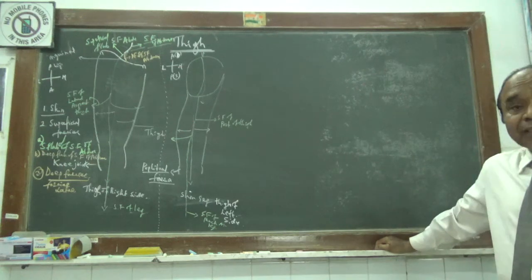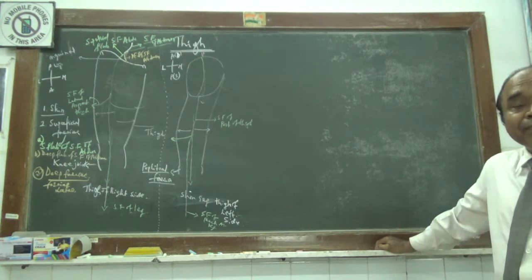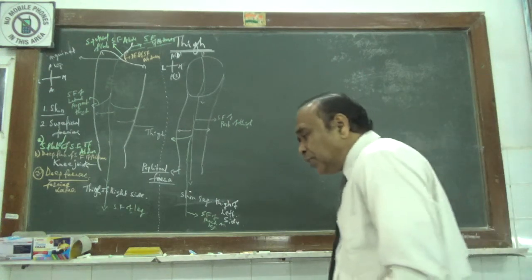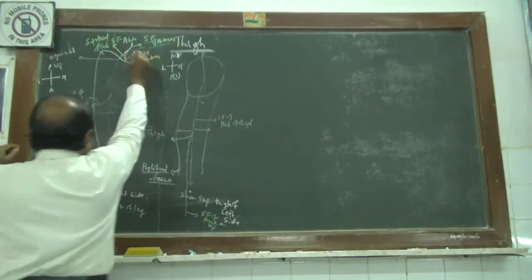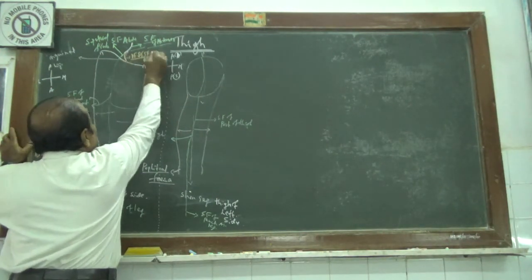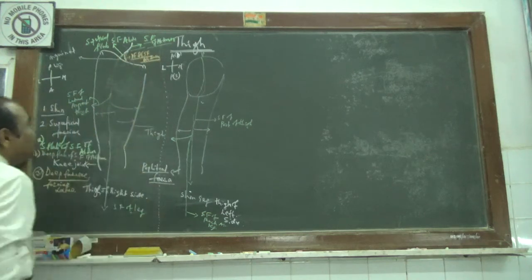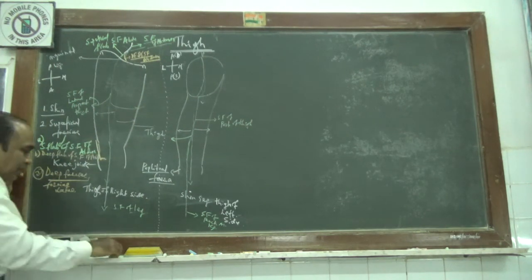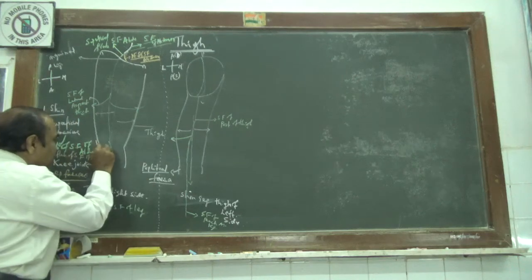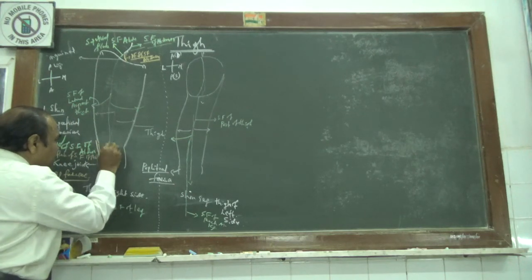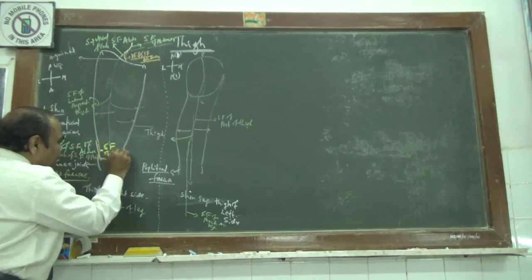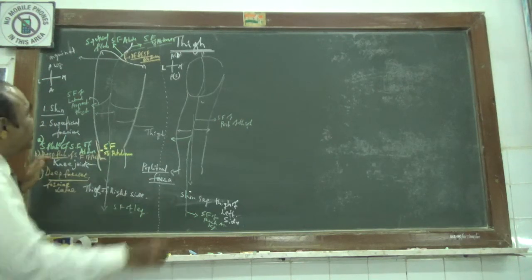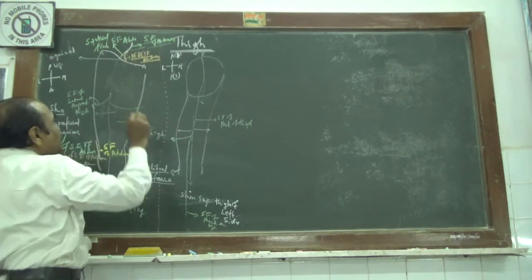And this deep fascia in the thigh region continues from above in front from the deep flap of superficial fascia of the abdomen. The deep flap is continuing; here I have marked it in orange.